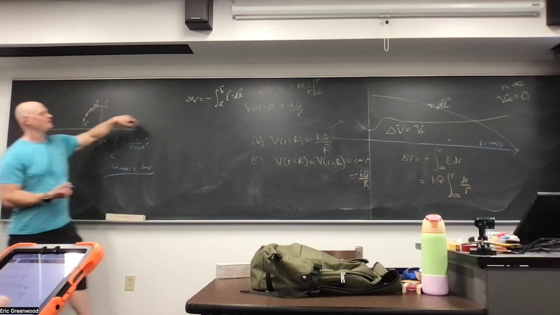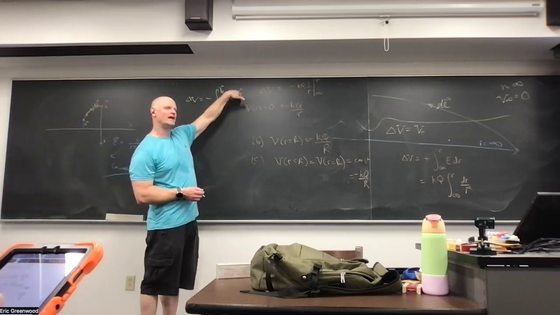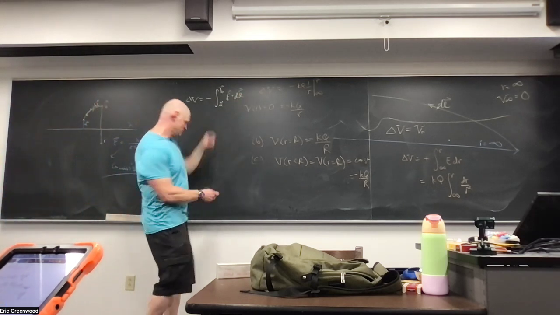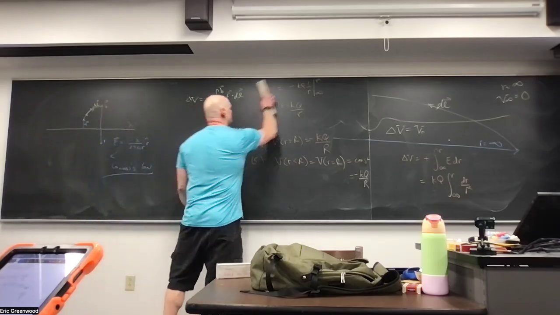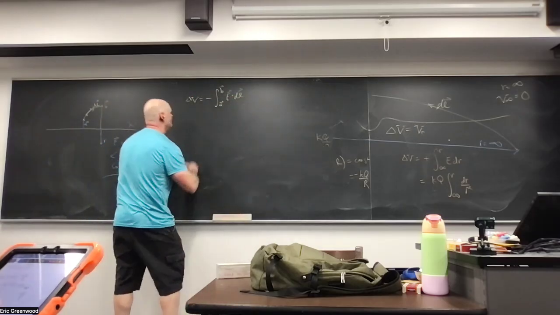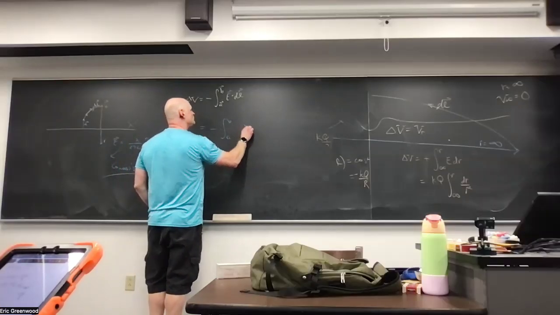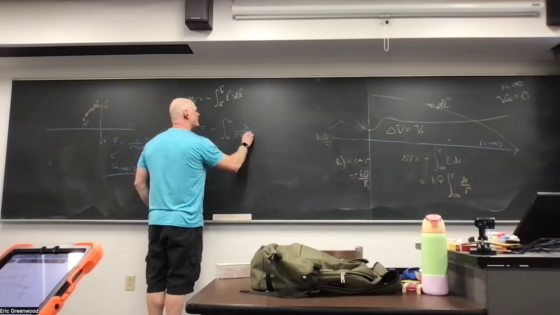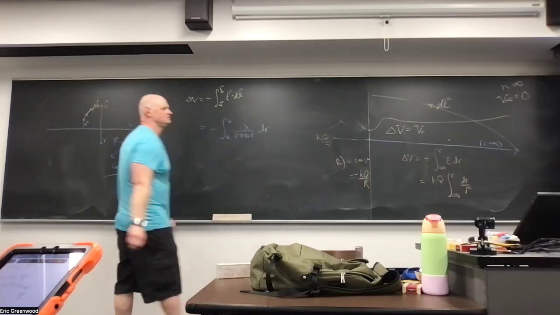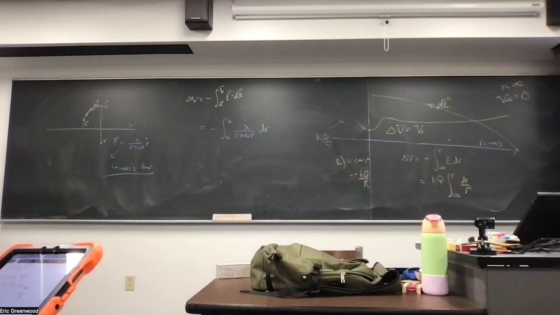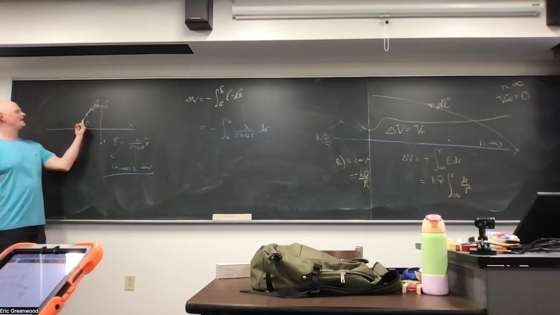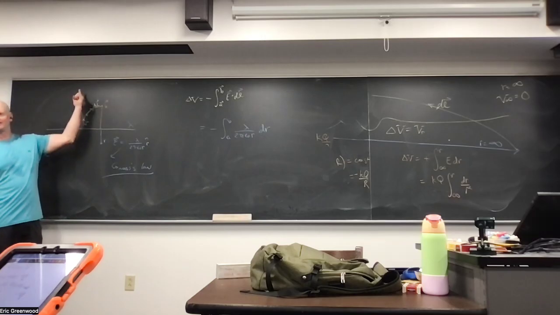No. So same thing as last time, even though this is going to be complicated, the only portion I care about is the r hat direction, which means that this becomes minus the integral from a to b of my electric field, which is lambda over 2 pi epsilon naught r dr. Now notice in this case, I don't have an extra negative sign because now I'm integrating outward, which is the same direction that the electric field is pointing. So now I don't get a negative sign from the dot product.